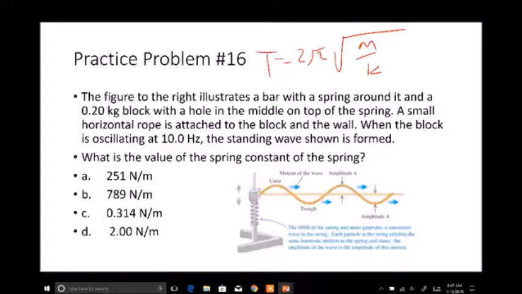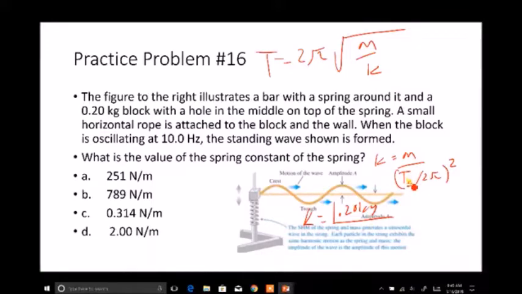So when we do, k is going to be equal to m over the period divided by 2 pi, squared. All right, so we need to chug what we know. So K is going to be equal to the mass, 0.2 kilograms, divided by the period.